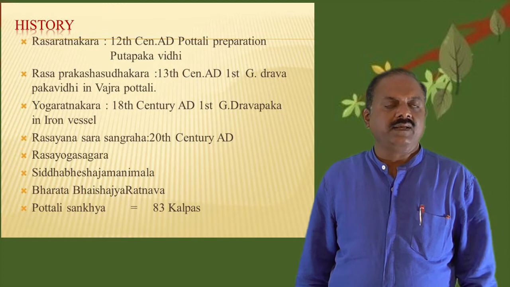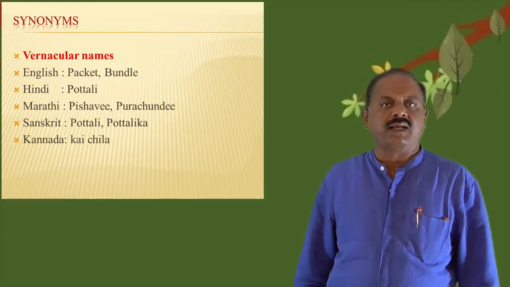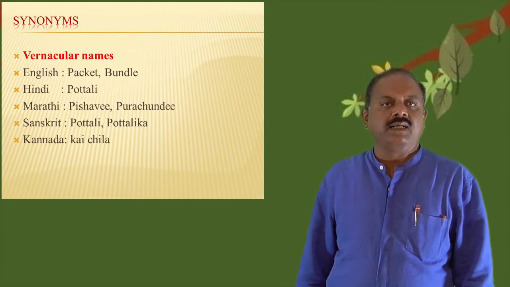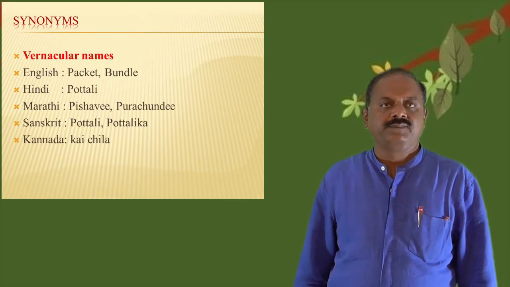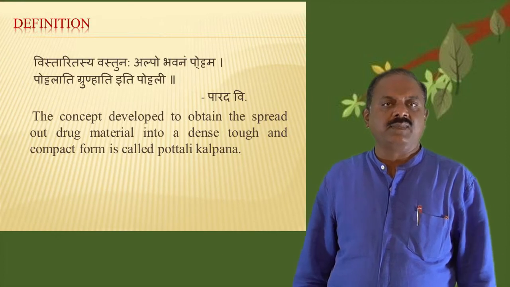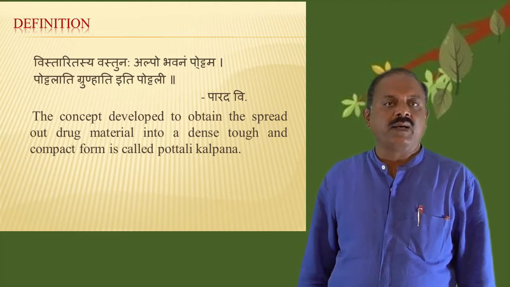Pottali Kalpana in English can be called a packet or bundle; in Hindi Pottali, in Marathi Pisvi, in Sanskrit Pottali or Pottalika, and in Kannada Kaichila. The definition: a concept developed to obtain spread out drug material in a dense and compact form.